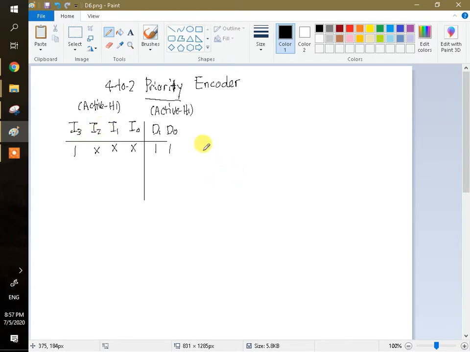So this means that I3 has the highest priority.